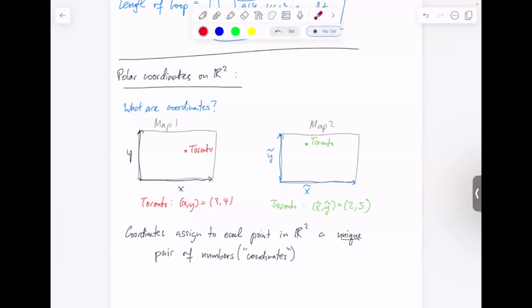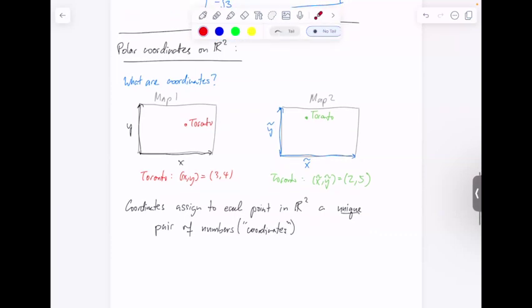What doesn't qualify as a coordinate system is if Toronto in this coordinate system, which I call XY, is represented by 3, 4 and also 5, 6 in this map, right? Because then I have two coordinates for the exact same point, which isn't very nice because I can no longer tell you uniquely where Toronto is in terms of map 1.